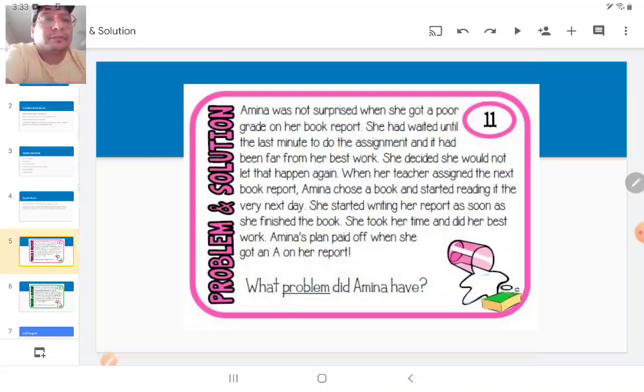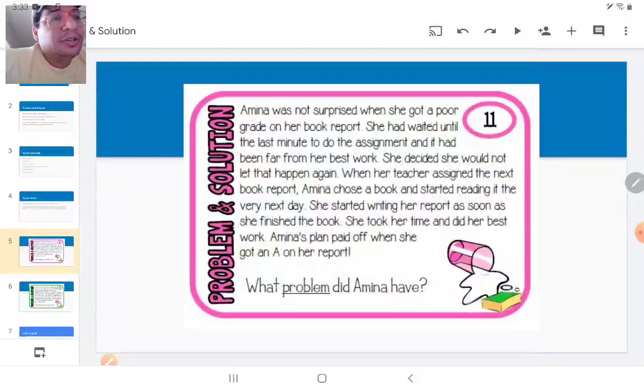All right, so let's read this together as a class, and we'll try to identify the question at the end and see if we can answer it. It says, Amina was not surprised when she got a poor grade on her book report. She had waited until the last minute to do the assignment, and it had been far from her best work.